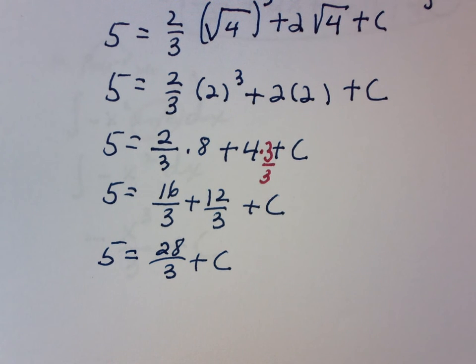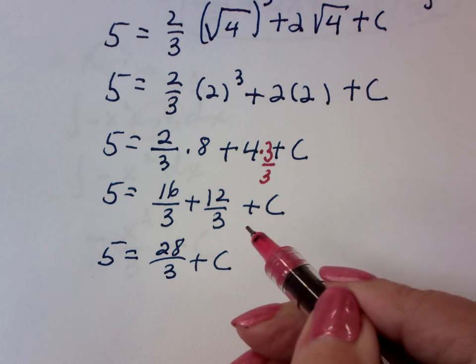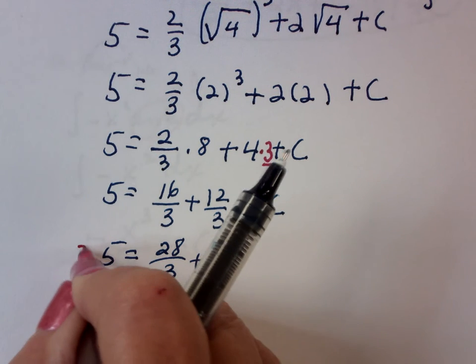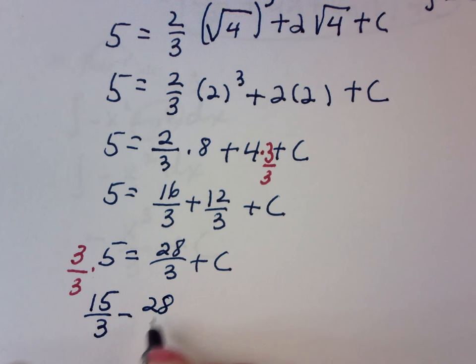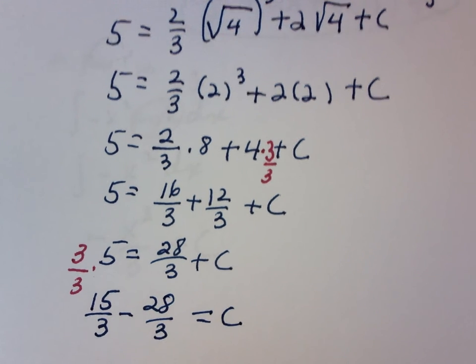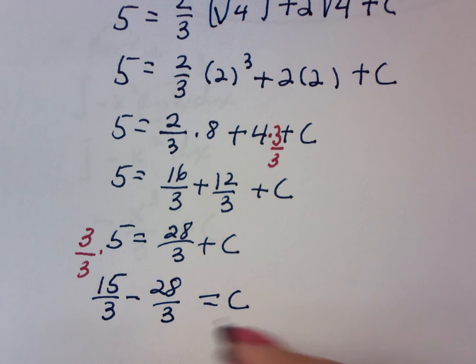So how many thirds is 5? 15 thirds. So I get that 15 thirds subtract 28 thirds equals c. Or c is 15 minus 28, which is -13 thirds.